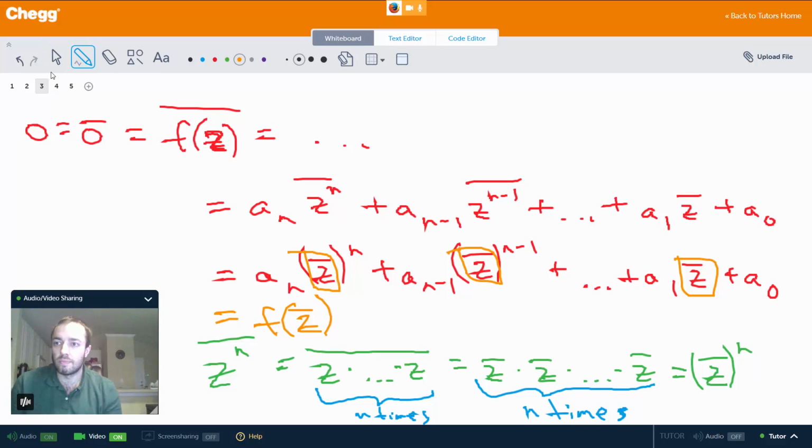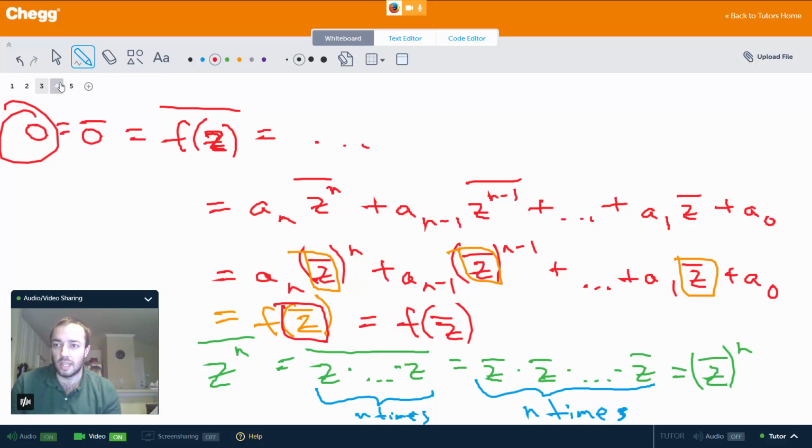Okay, so right here we have our z bar, and that's what's being raised to the n right here. It's being raised to the n minus 1 here, it's being raised to the n minus 2 in the next term, and so on and so forth. So this entire thing is actually f of z bar. So let's rewrite that, easier to read. And why is that significant? Well, because remember, this whole thing at the very beginning was equal to 0.